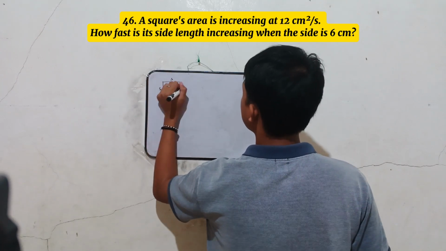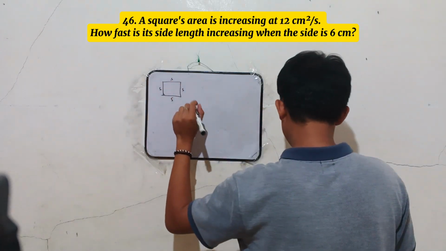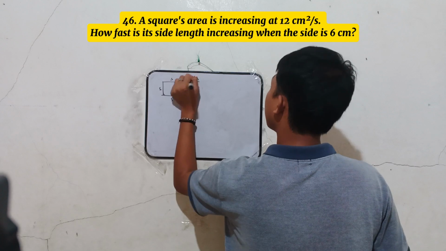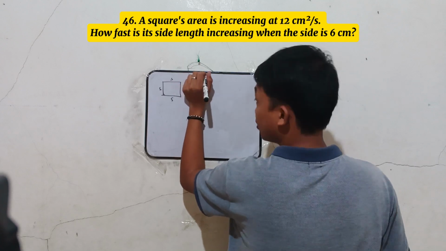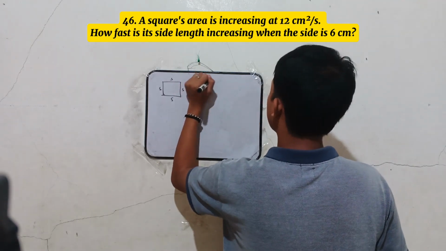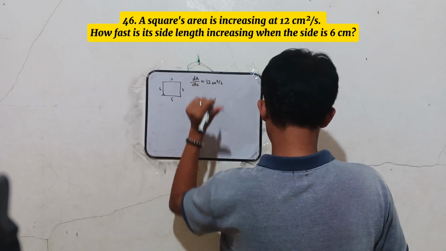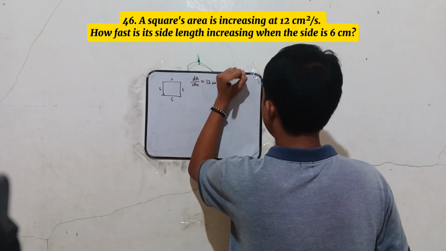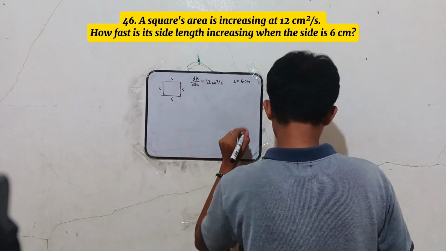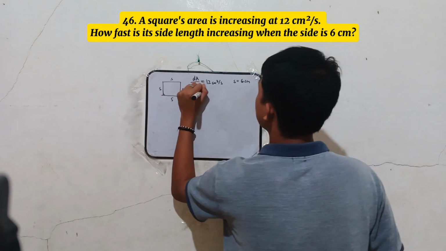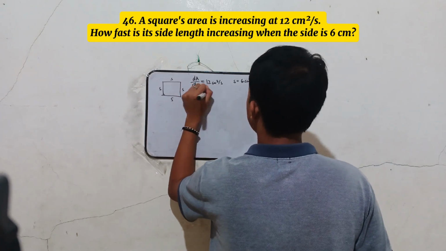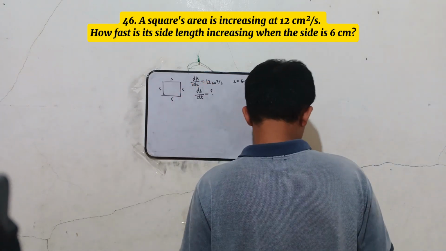So this will become s, the side. And the derivative of area with respect to time, which was already given, is 12 cm squared per second. Then the side is 6 cm.